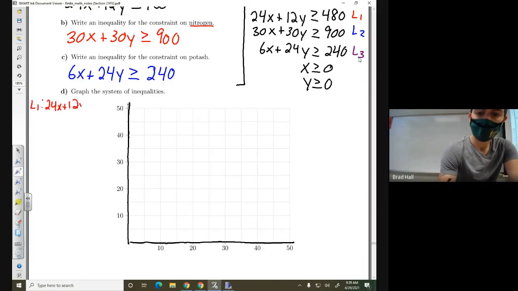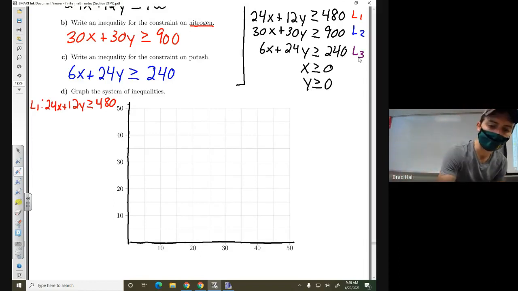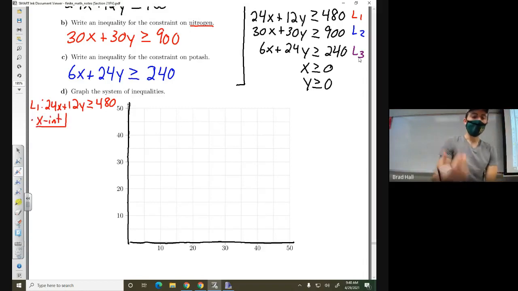But from here, let's go ahead and start off with the first line: 24x plus 12y is greater than or equal to 480. We'll do what we did before, find the x-intercept and the y-intercept. I'll do one example of the x-intercept, and for future problems, I'm going to skip through this step.